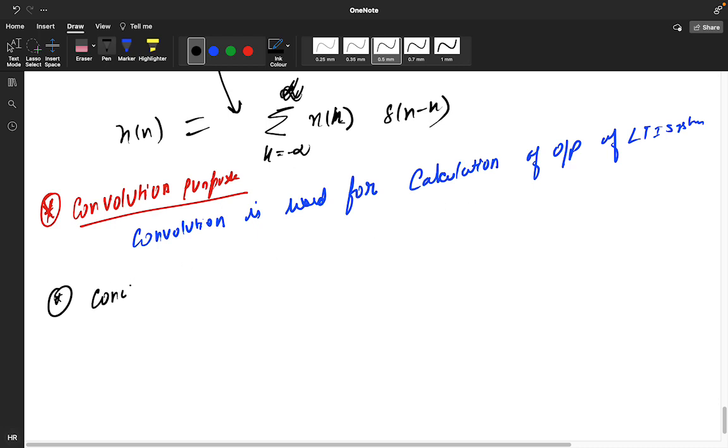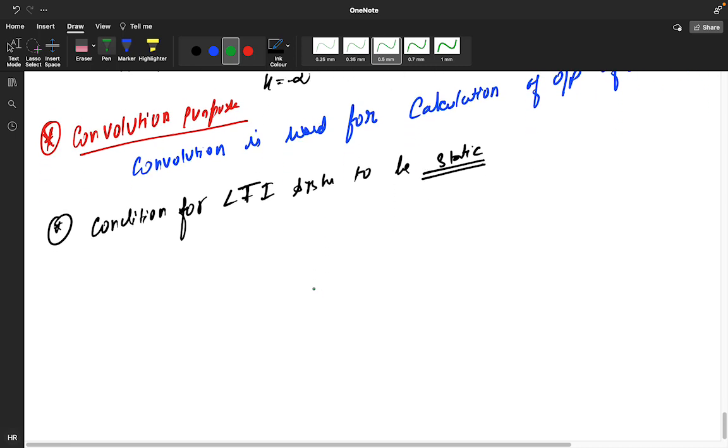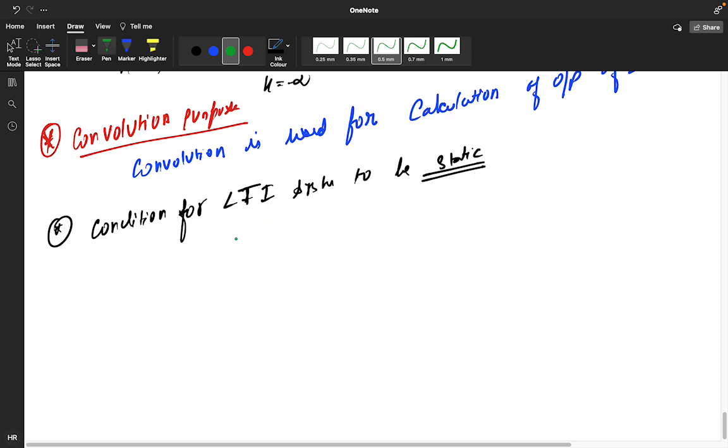Now write it down: condition for LTI system to be static. I told you the meaning of static. It will depend on the present value, only the present value.